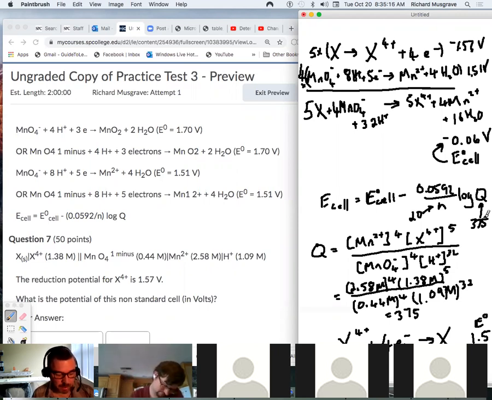And for that, it doesn't change it much. It becomes negative 0.07. So that's going to be my answer there. So that wouldn't be a spontaneous process either.